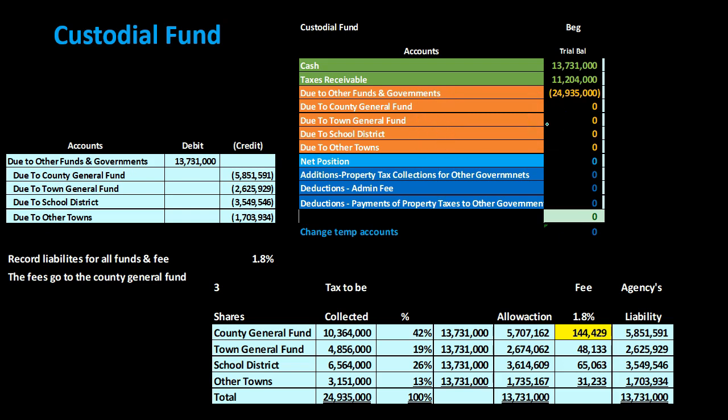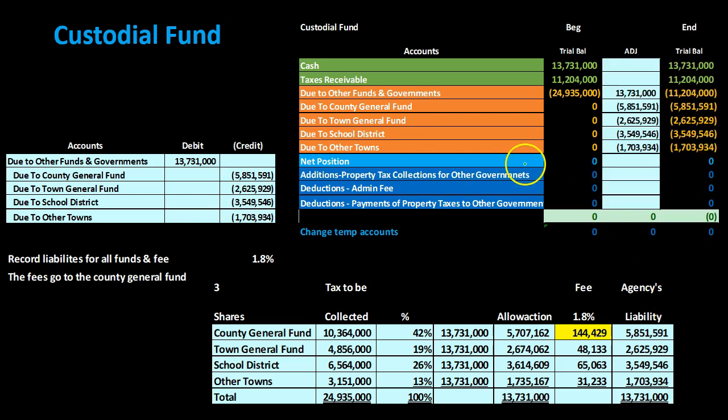Now we're going to break them out to those specific locations. The way we're going to do that is we're going to debit or decrease this amount. We're going to credit obviously the county, the town, the school, and the other in accordance with the breakout that we came up with in our table, as we can see here. If we record this, then we're going to say that we have the liability decreasing.